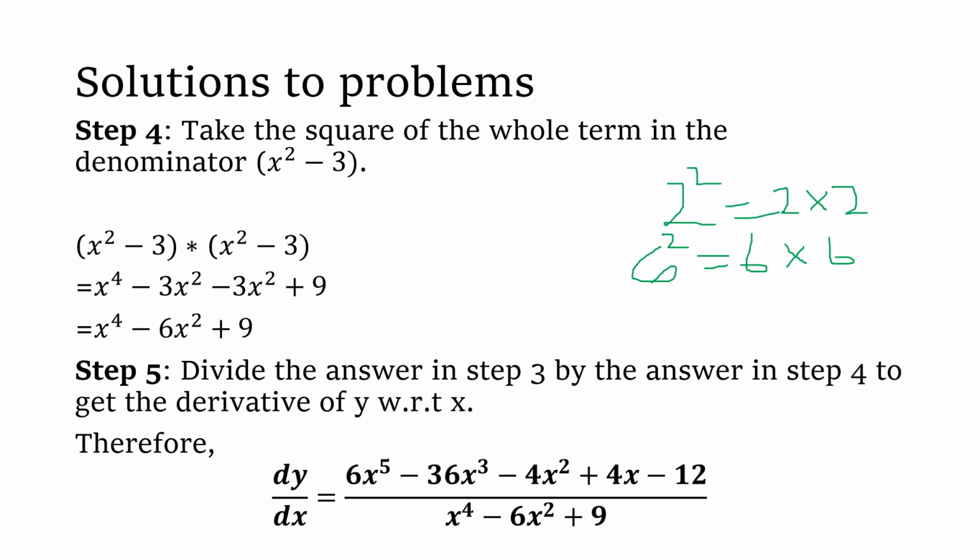Remember, the answer we get in step 3 was 6x to the power 5, 36x to the power 3, minus 4x squared plus 4x minus 12, right? And the answer in step 4 is x to the power 4 minus 6x squared plus 9. So if we divide those two, that gives us the derivative. That is the derivative of the problem we are supposed to solve.